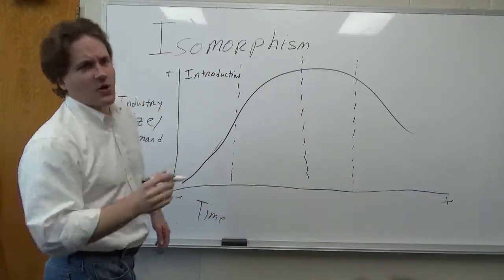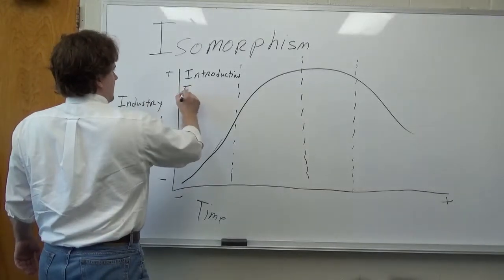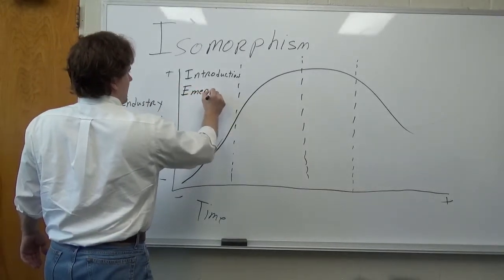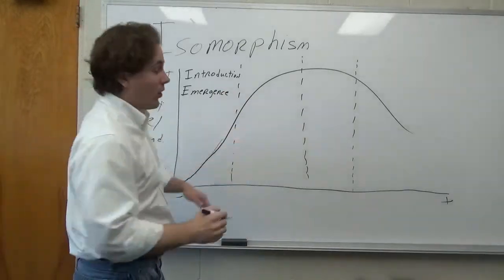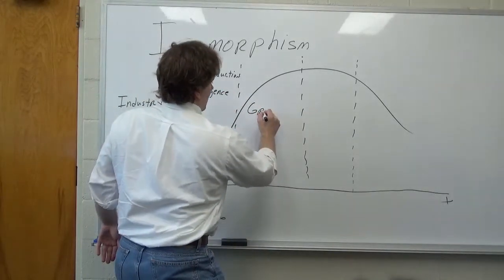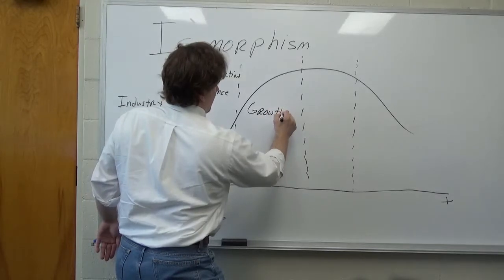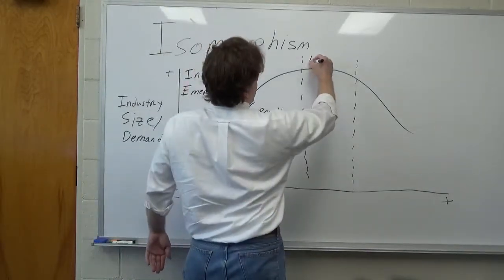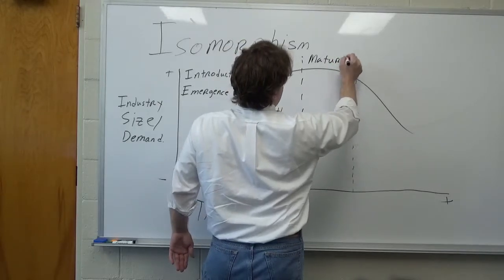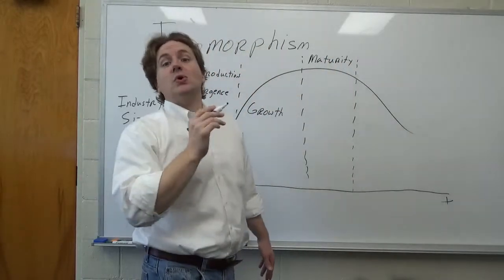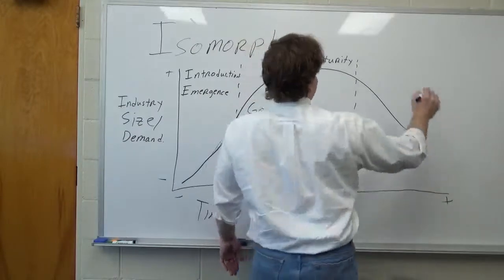I've also seen this called emergence. Then you've got growth, maturity, or as my mom would say, maturity, and then decline.